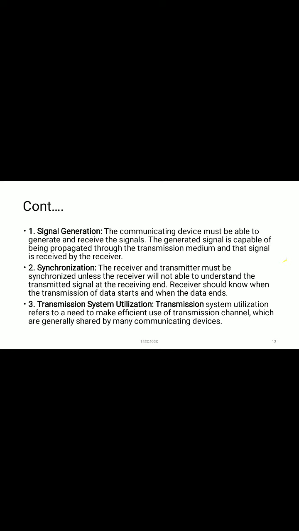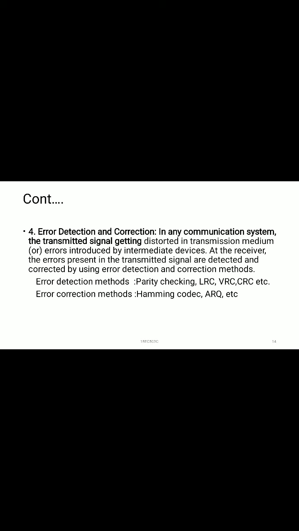Next one is transmission system utilization. Transmission system utilization here refers to making efficient use of the transmission channel, which is generally shared by many communicating devices. Next one is error correction and detection. In communication systems, we use error correcting and detecting methods.